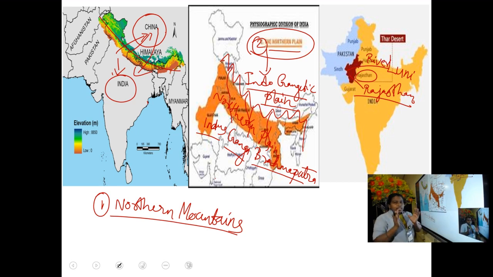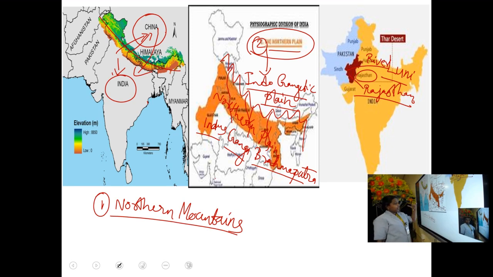Okay, so what is the name of the desert in India? The Thar Desert. It is located in which state? It is in Rajasthan. Then, can you say the river which flows through the Thar Desert? It is the river Luni.